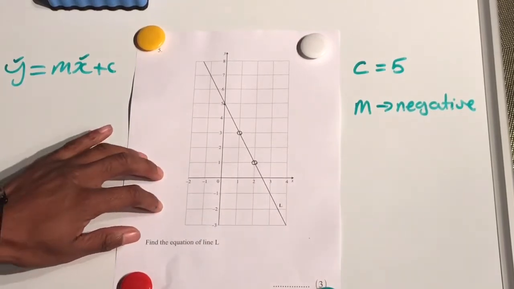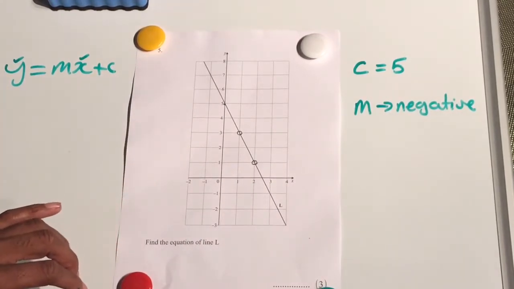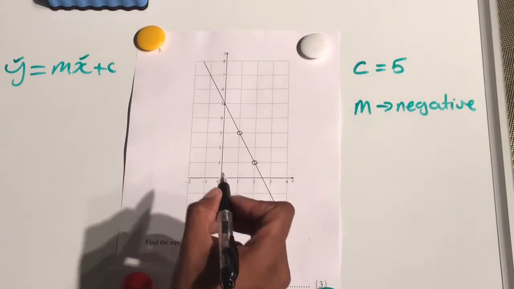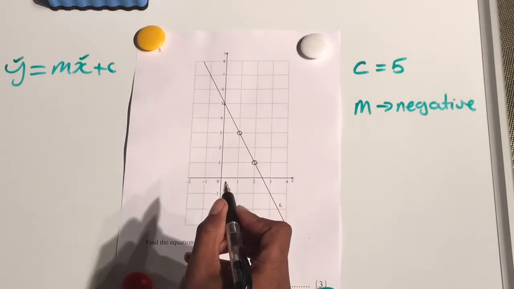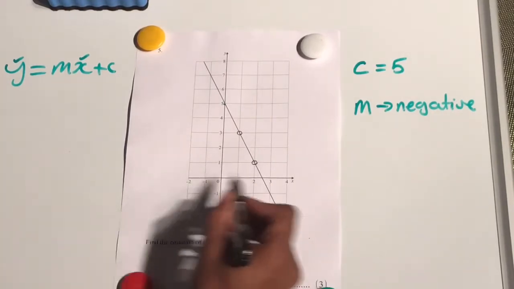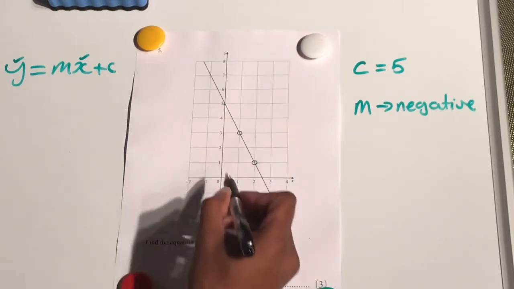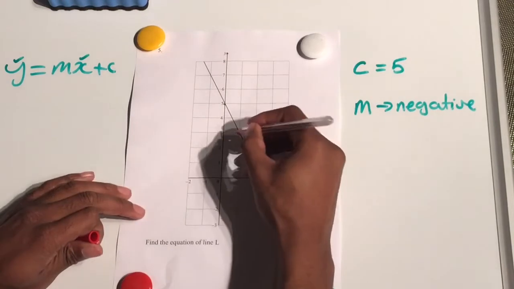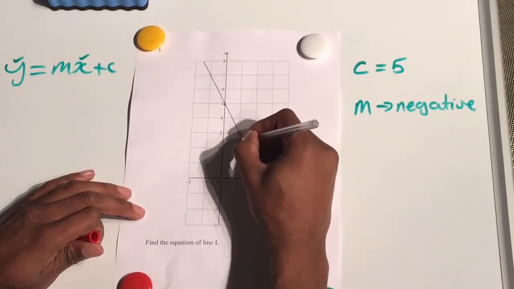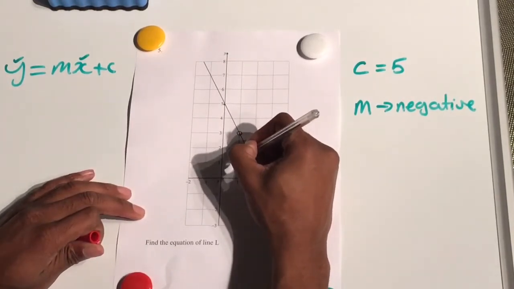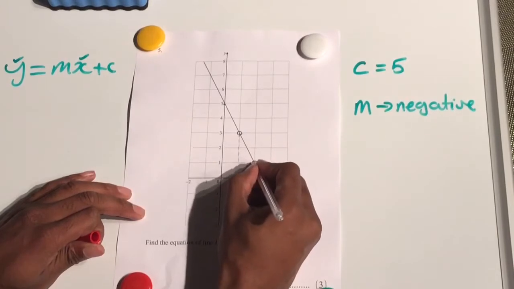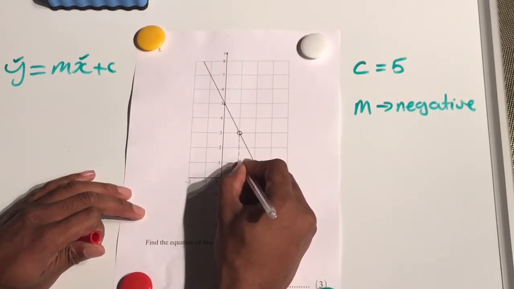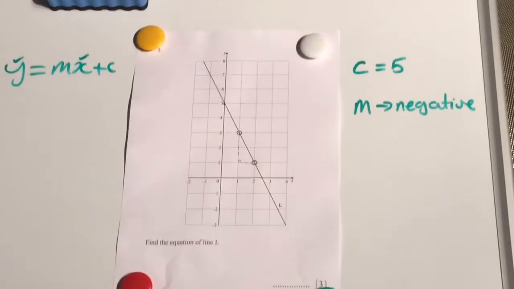Now, what I'm going to look at is what happens in the differences of my x and my y by making a special little right angle triangle for you to see, which goes something like this. So here, using my 2 points, I have created a right angle triangle. I hope you can see that clear enough.